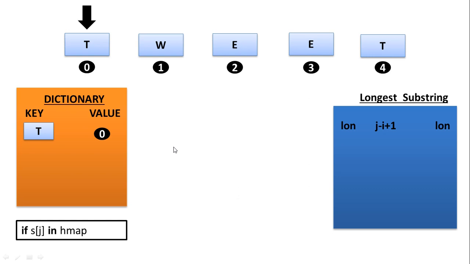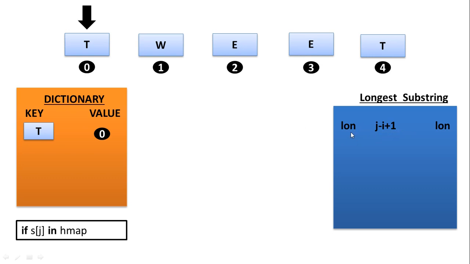Because as we proceed with every iteration, the length of the longest substring will keep changing. So to do that, we need to use another condition wherein we will be checking what's the maximum value between the value stored in the variable lon and the result of the computation, that is j minus i plus 1.